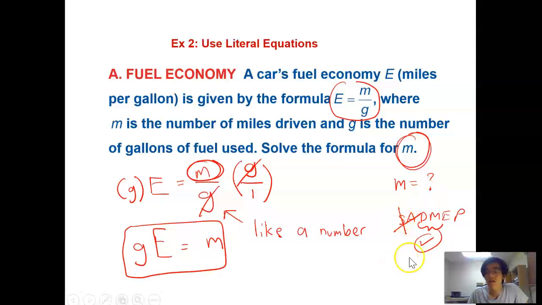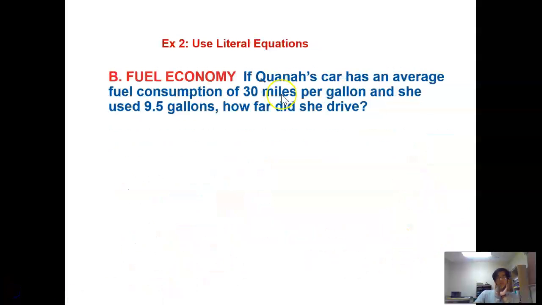So now, how is this useful? Let's look at this. Let's see what happens if Quanna's car has an average fuel consumption of 30 miles per gallon and she used 9.5 gallons. How far did she drive? Okay, so let's define the variables. When I was talking about miles per gallon, I'm talking about fuel economy.